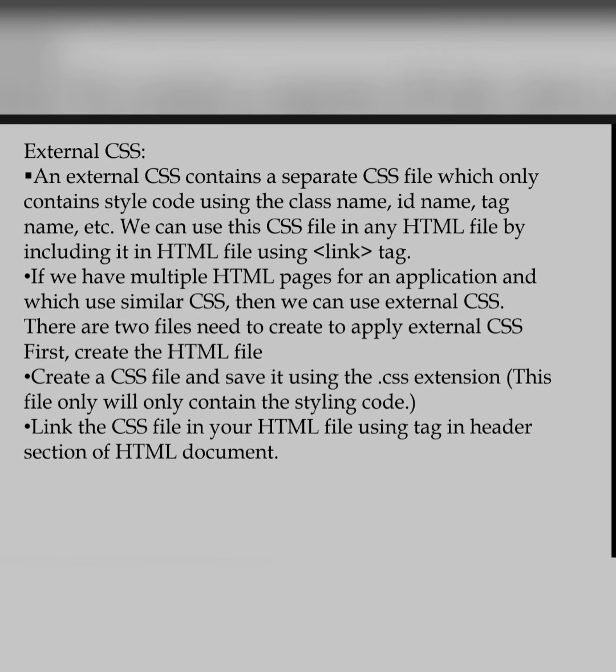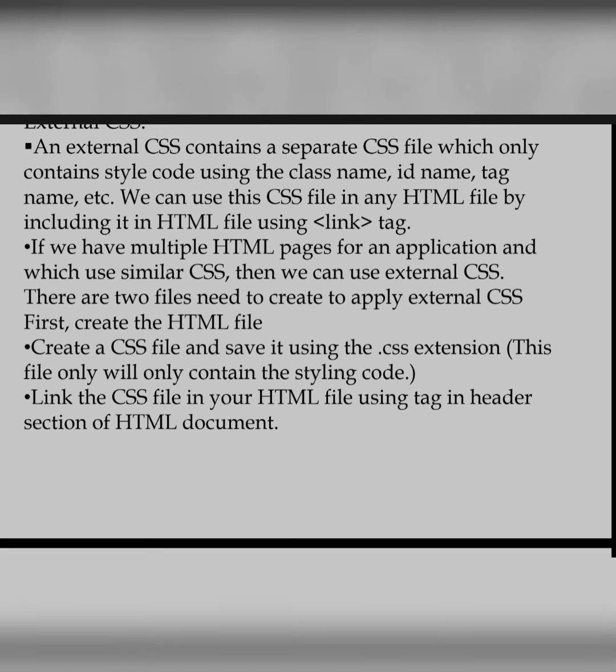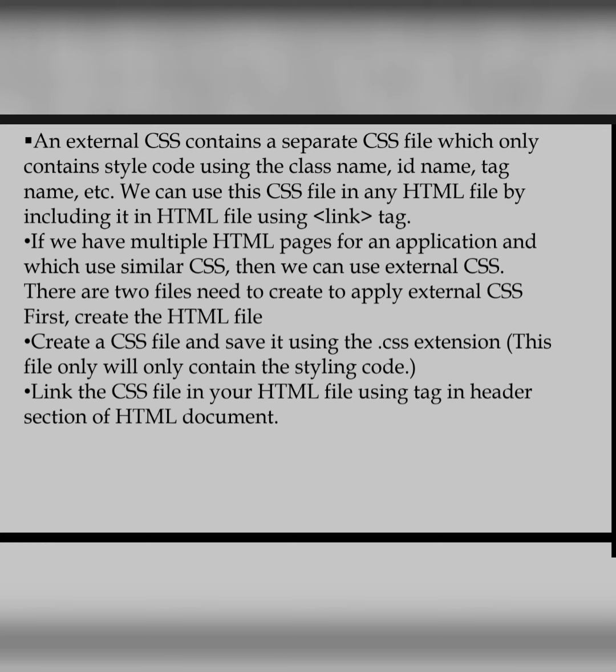External CSS. An external CSS contains a separate CSS file which only contains style code using the class name, ID name, tag name, etc. We can use this CSS file in any HTML file by including it in the HTML file using the link tag. If we have multiple HTML pages for an application which use similar CSS, we can use external CSS.